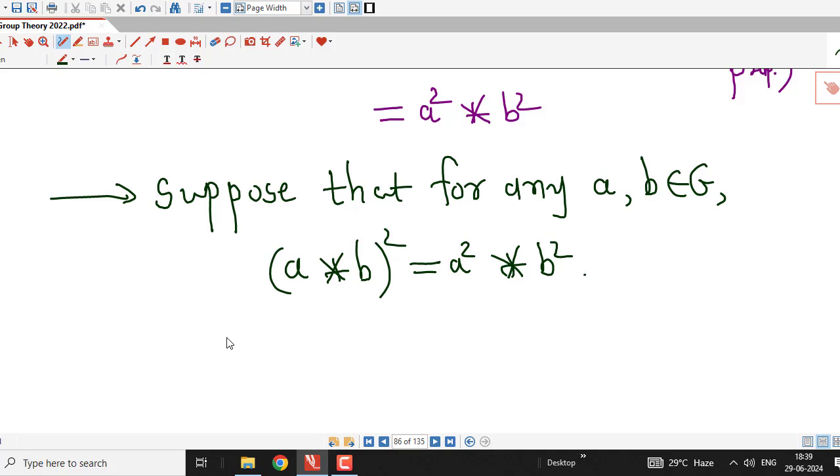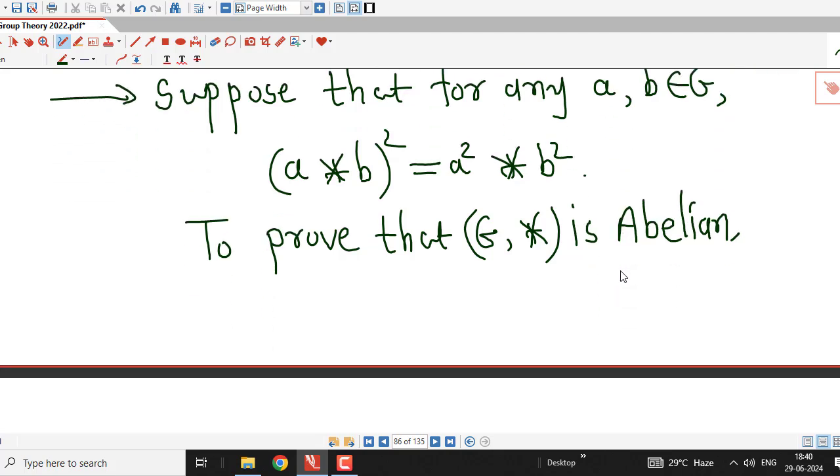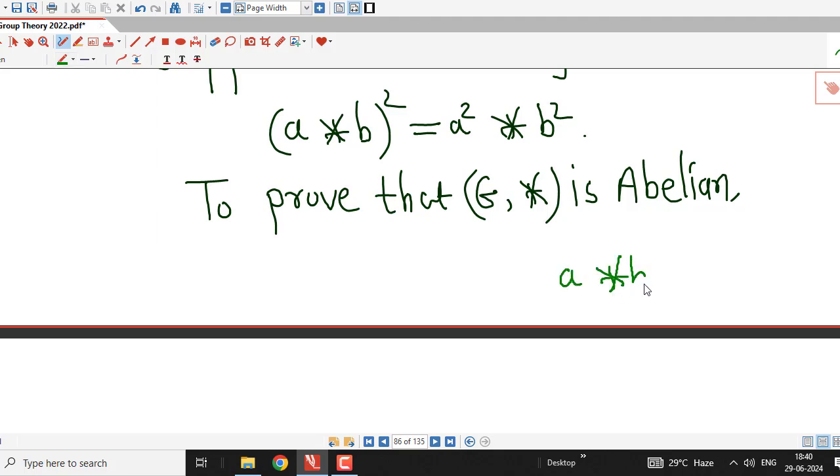And we want to prove that our group G is abelian. If this property is satisfied, then G with star is an abelian group, or we can simply write that to prove that G with star is abelian. That is what I have to prove. I have to prove that if I take any two elements, then A star B and B star A are equal.